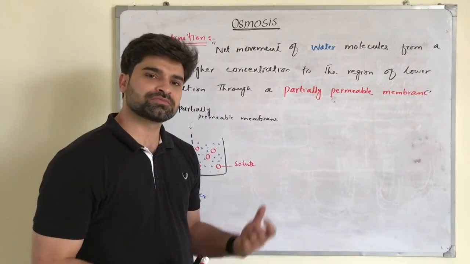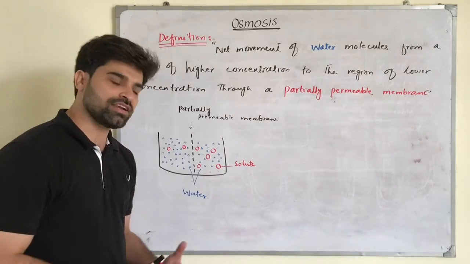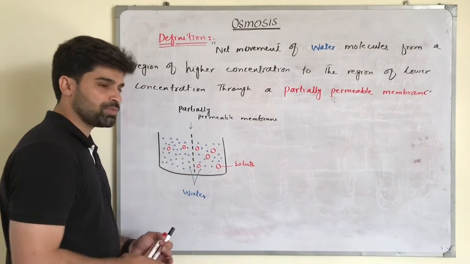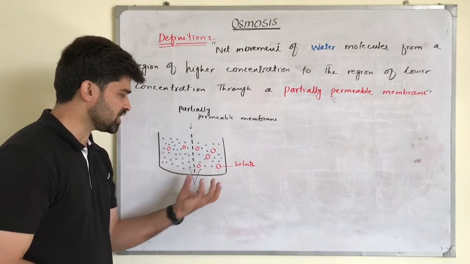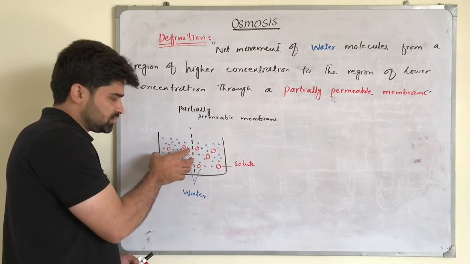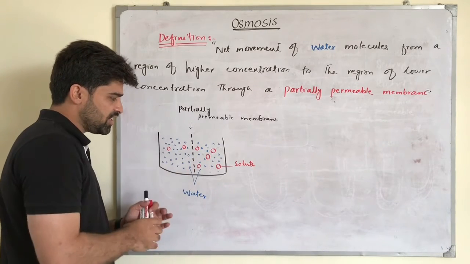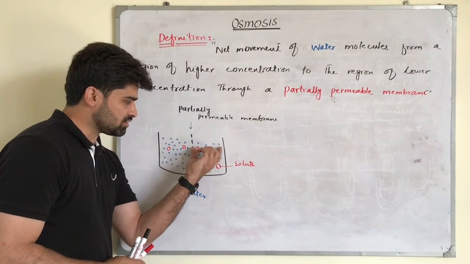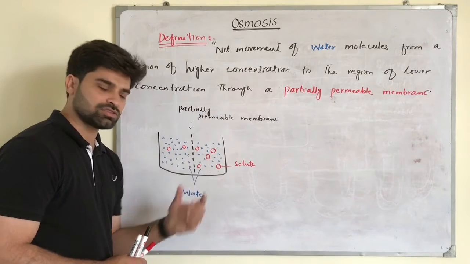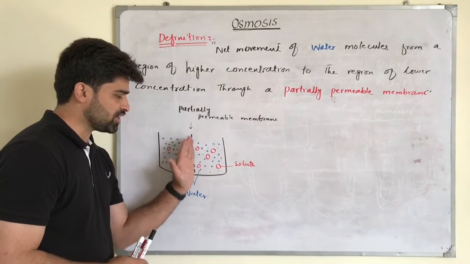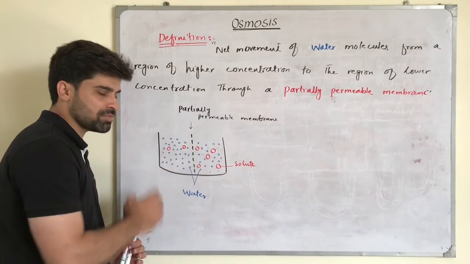So dear students, let's try to understand osmosis with an example. Here you can see in this box there are two kinds of solutions. The left side has a solution and the right side has a solution, and these two solutions are separated by a partially permeable membrane.